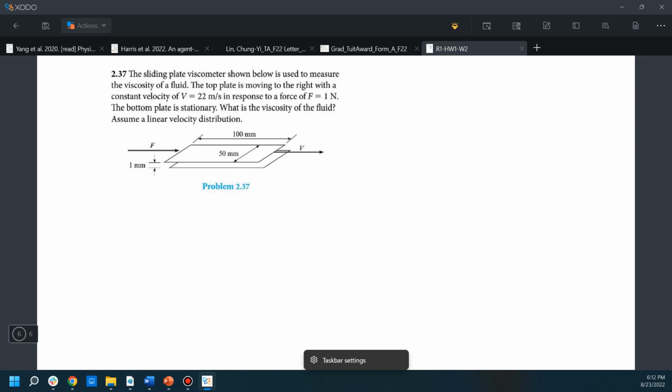So let's go back to the definition of the shear stress, shear force.